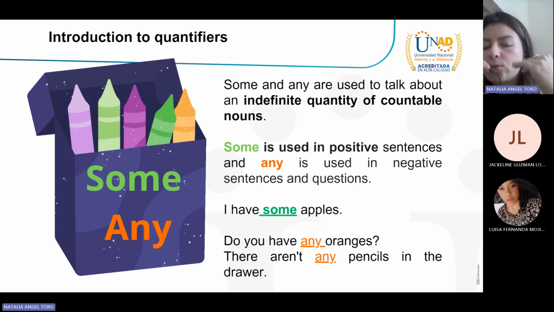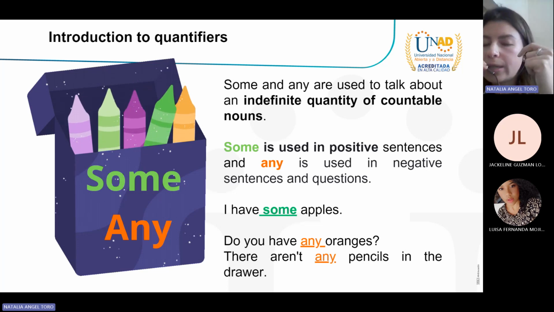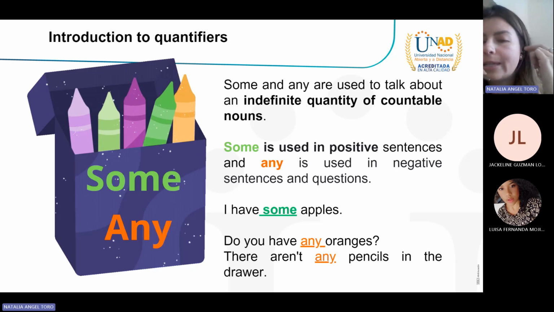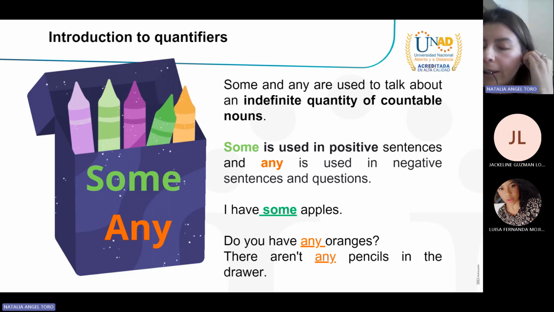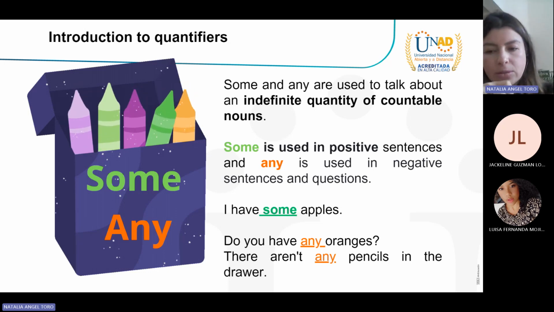So that's why we use some. Some is used in an affirmative way, and the same meaning is for any, but the second particularity is that any is used in a question and in a negative sentence. So, do you have any oranges, for example, or are there any pencils here?